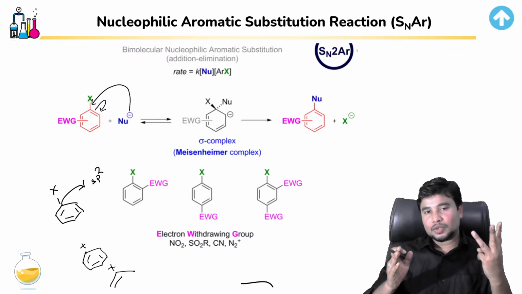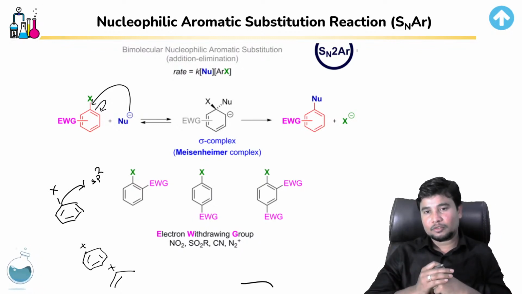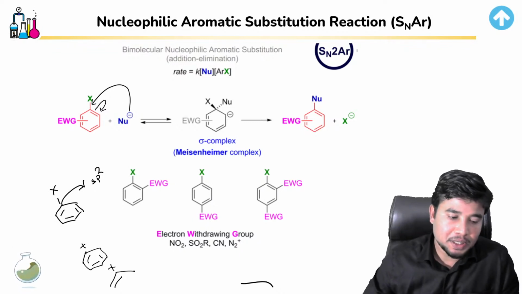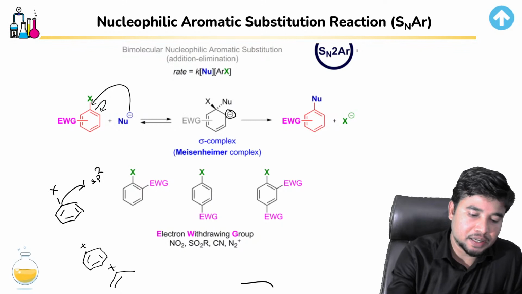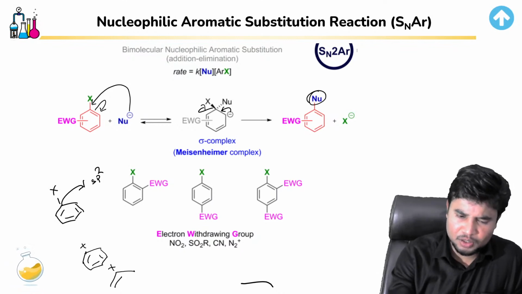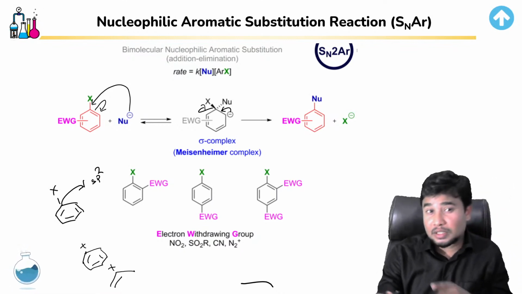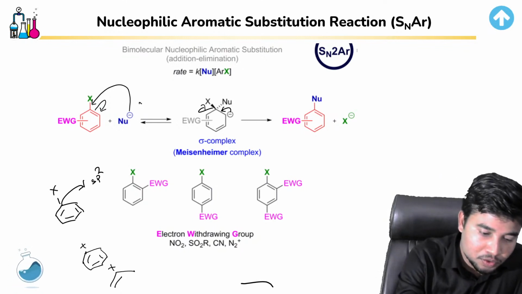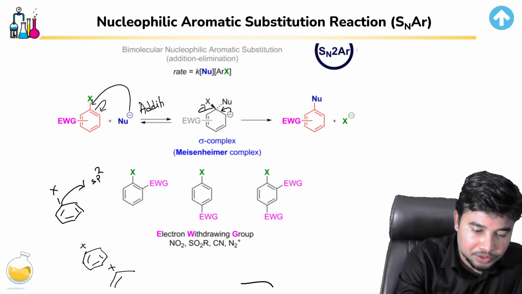Two major types of EAS mechanisms would have been taught to you. So this is going to be used here. First, it would make an attack over here, causing this negative charge to be developed. And then it would come back, this halogen would leave from here. So the nucleophile stays there. Now you could observe what has happened: first, in the first step, addition. So this was an addition reaction.